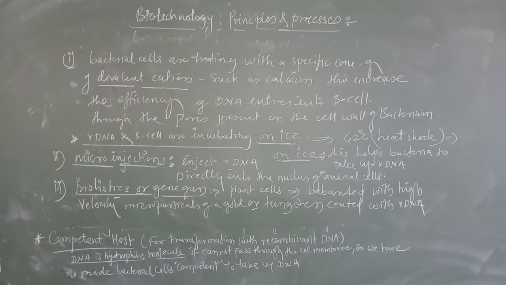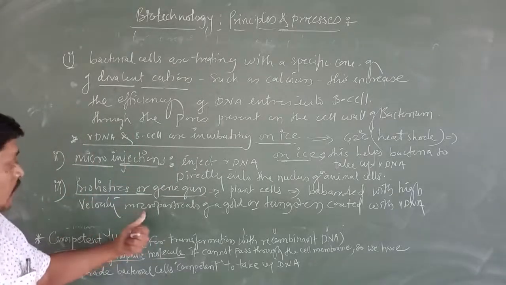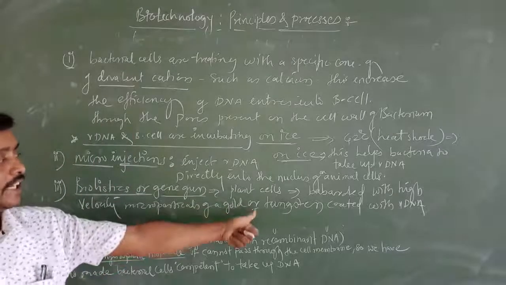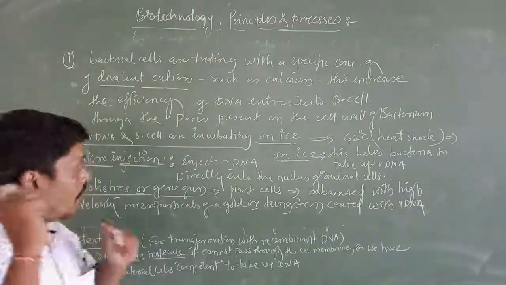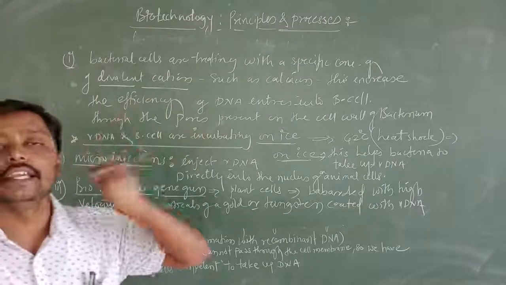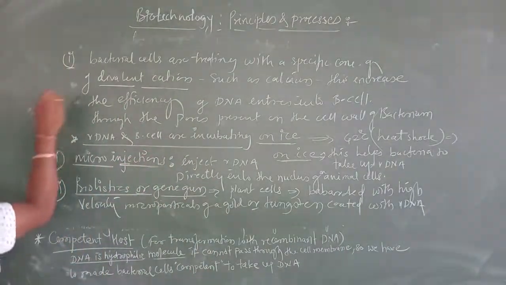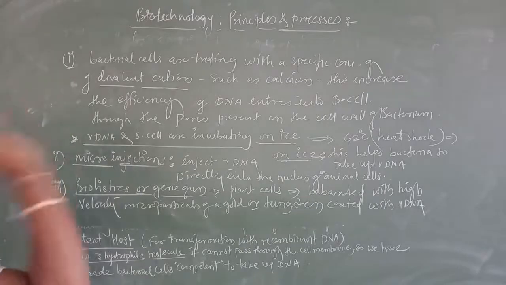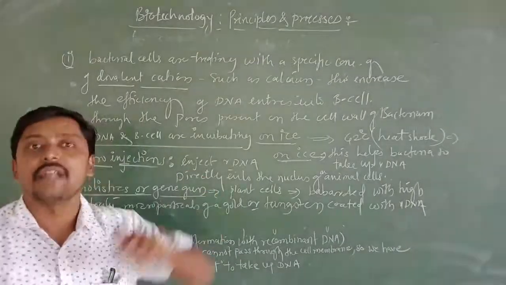Biolistics or gene guns are nothing but microparticles of gold or tungsten coated with the rDNA. With high velocity, we bombard plants, like this, so that the particles insert into the plant cells.